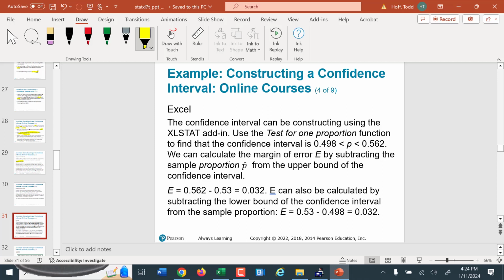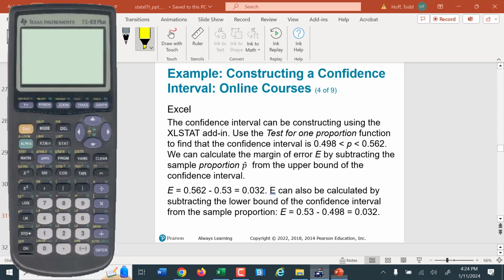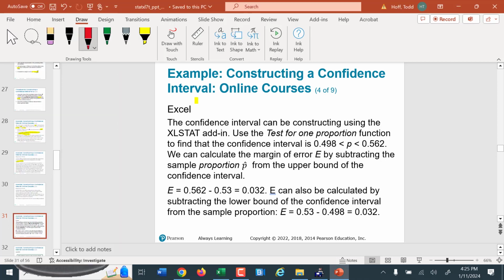First, we're going to find the margin of error. Now, I calculated that here on the calculator, found it to be 0.0317. They rounded it off to 0.032 as our margin of error.